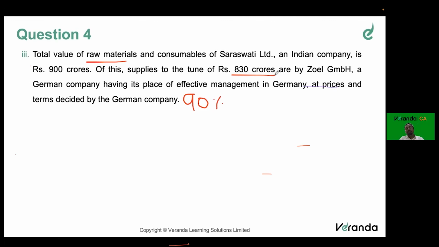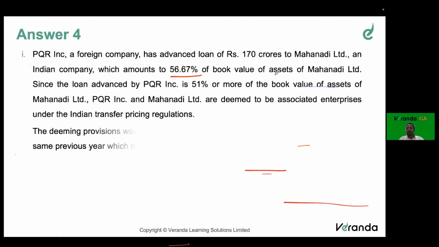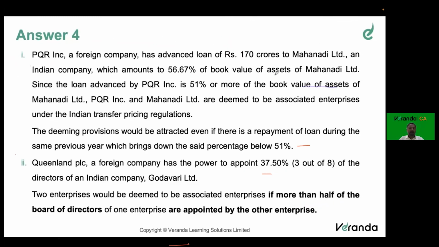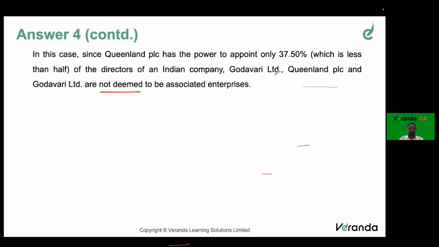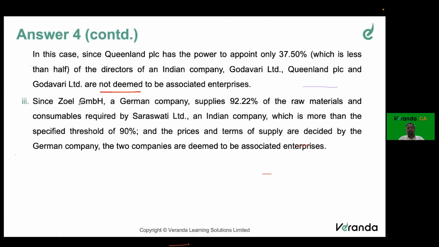So 900 crores, 90% is 810 crores. So if the purchase has been made more than 810 crores, then automatically it becomes deemed to be associated enterprises. So since Joel GmbH, a German company, supplies 92.22%, how do they arrive at it? 830 divided by 900.